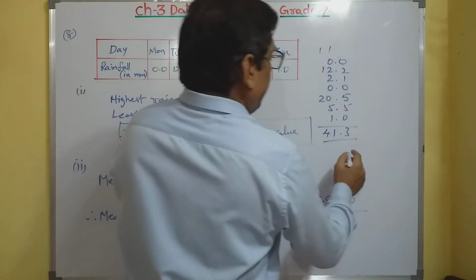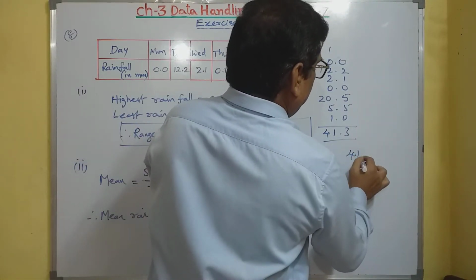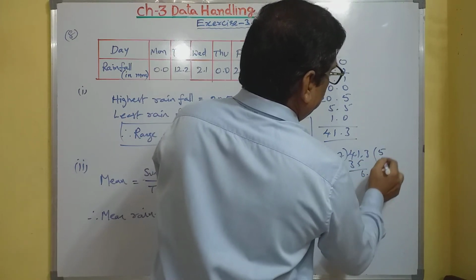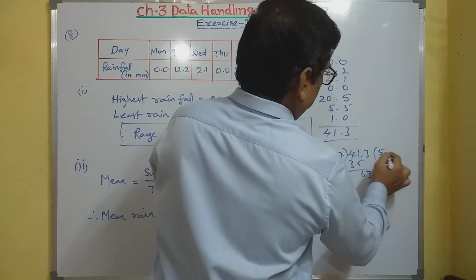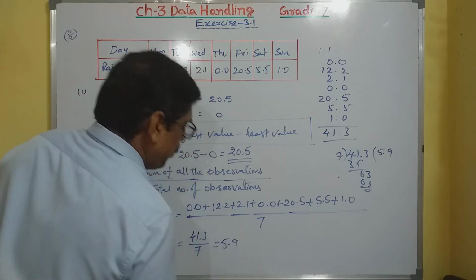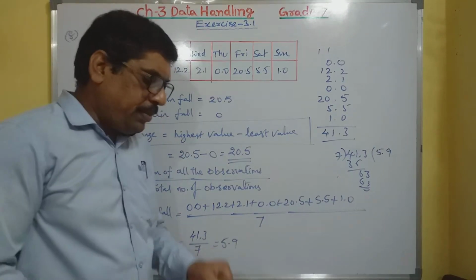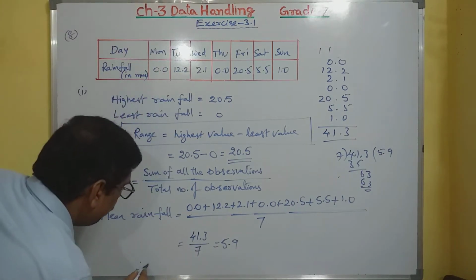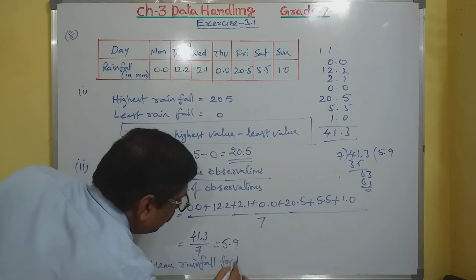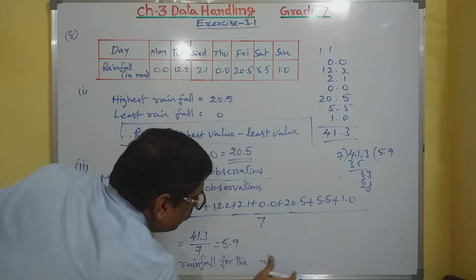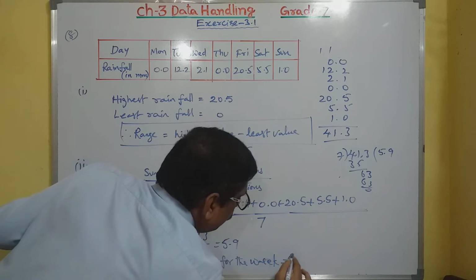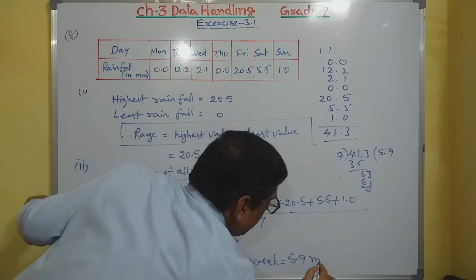So now let us divide 41.3 divided by 7. 6, we can keep the point like this. 7 nines are 63. So we get 5.9. So the mean rainfall for the week, therefore, is equal to 5.9 millimeters.